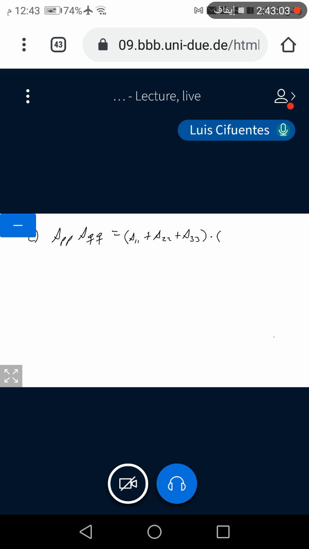That times the same, A11 plus A22 plus A33. Yeah, this is just a square.